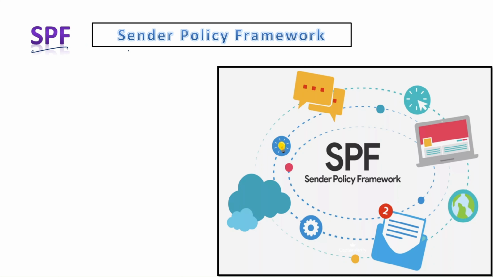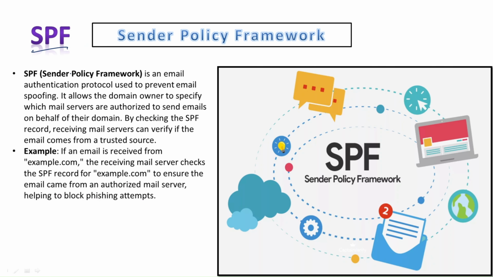SPF, that is Sender Policy Framework. So SPF or Sender Policy Framework is an email authentication protocol used to prevent email spoofing. It allows the domain owner to specify which email servers are authorized to send emails on behalf of their domain.